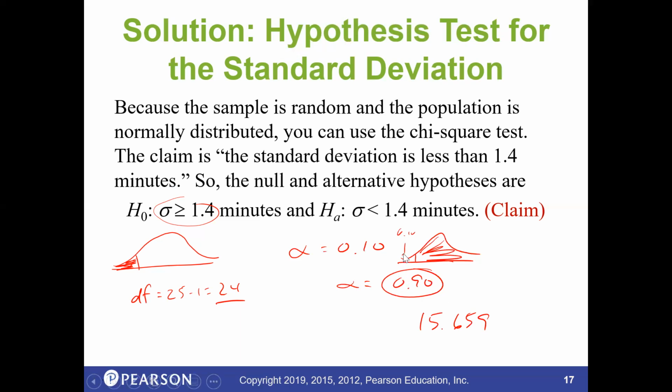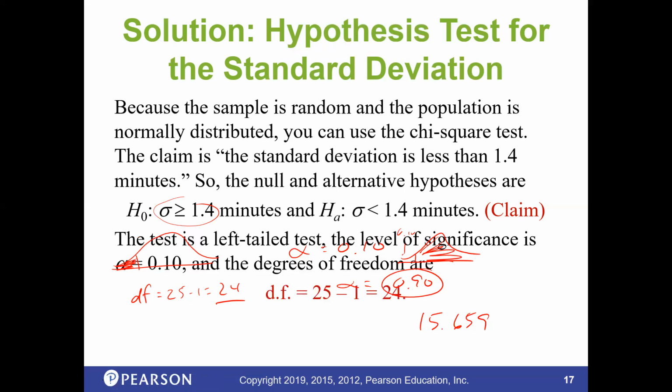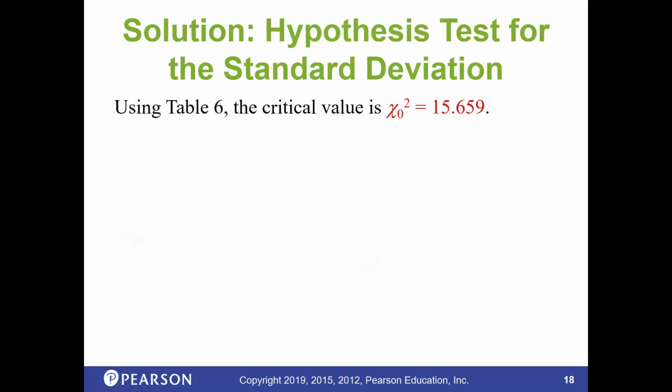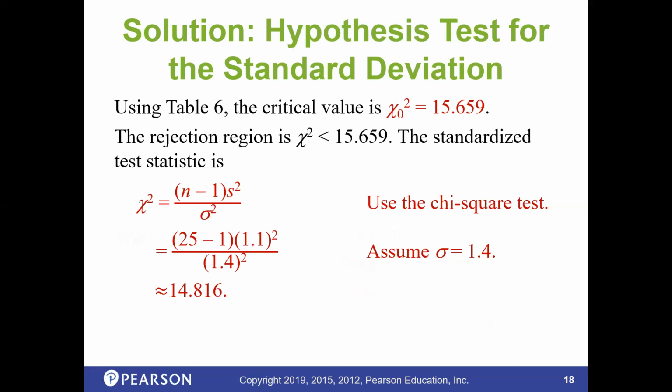Okay. So now let's calculate our chi-squared value here. Ours would be what, 24? Now this time, notice you have to square it, right?